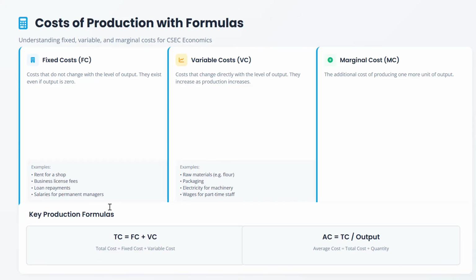Your fixed cost is the cost that does not change based on output. So for example, if I am renting a room for $3,000, it does not matter how many goods I produce. My rent for that room will be $3,000.